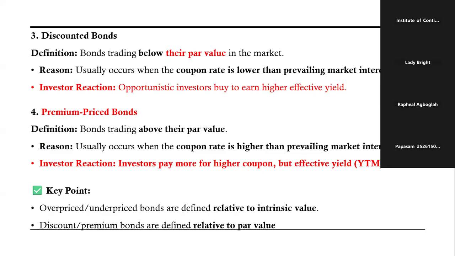Then when you go to discounts, we say that the bond is trading below its par value. This is because of the market playing on the price. An increase in demand leads to a high price, a decrease in demand leads to a low price. Where there's an increase in demand, you will see that the bond is trading at a premium. The price will be higher than its par value.